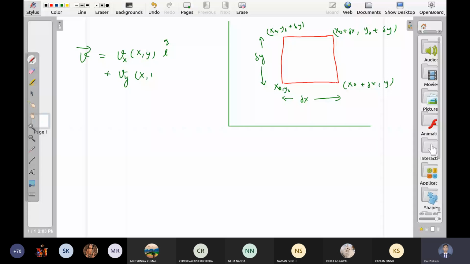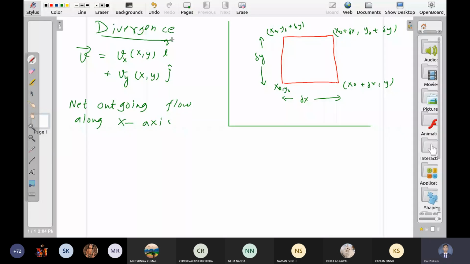So let us calculate the net outgoing flow along the x-axis.